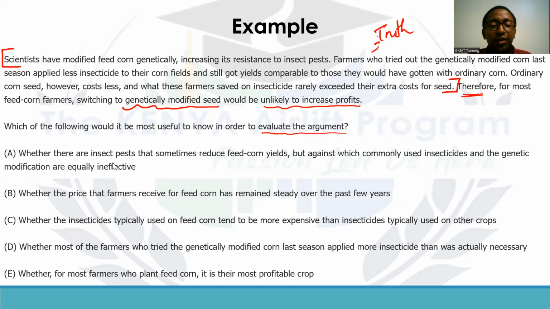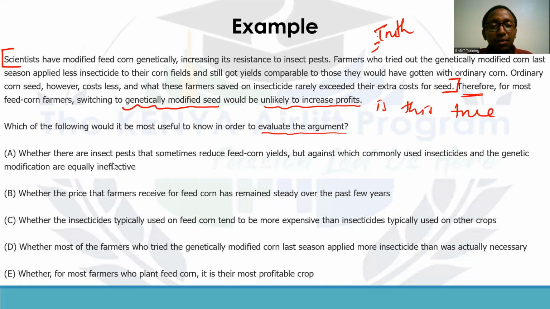So in evaluating an argument, we want to know if this is true. So we are determining the truth of this argument. So whatever will help us determine the truth of this argument is our answer. And in evaluating, of course, if you are able to determine if this argument is true or if this argument is false, you have determined the truth of this conclusion.